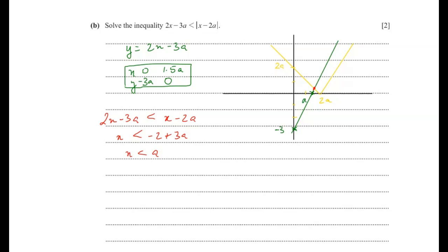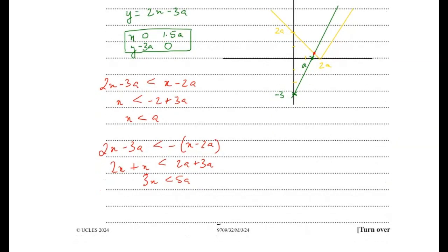So I'm going to use the equation again, 2x minus 3a less than, and now for the modulus, because what's inside the modulus could be positive or negative, I'm going to use negative of x minus 2a. Here I used positive of x minus 2a. So when I simplify this, I get 2x plus x less than 2a plus 3a. So 3x is less than 5a, and x less than 5a by 3.